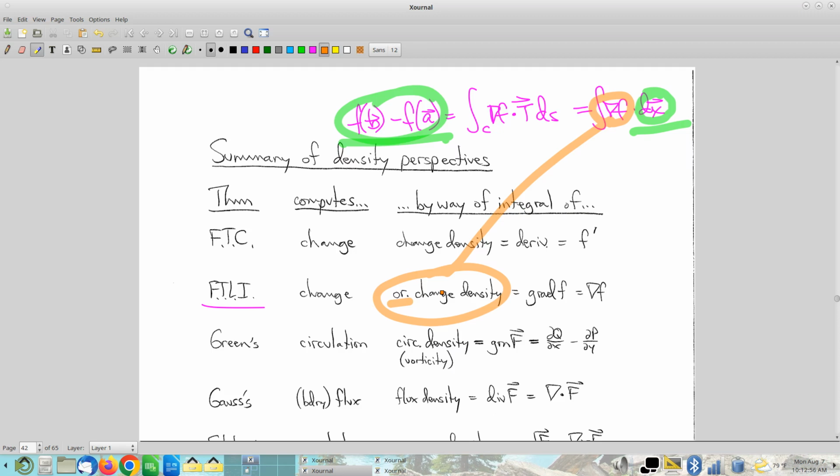Let's hope, right? They do switchbacks, the zigzag, and so the trail is actually going this way. So the gradient is telling you two things. It's telling you how steep the mountain is, but by virtue of the fact that it has a direction, it's also telling you what to dot with your direction to see how steep you're actually going to experience as you climb along the trail. Does that make sense? That makes sense, yeah. Cool.